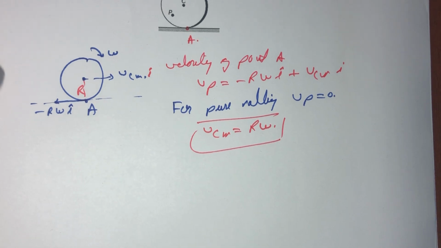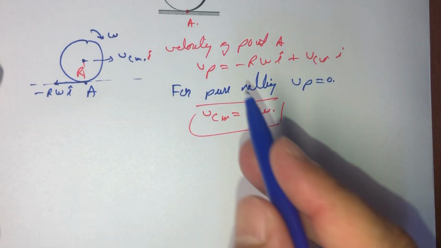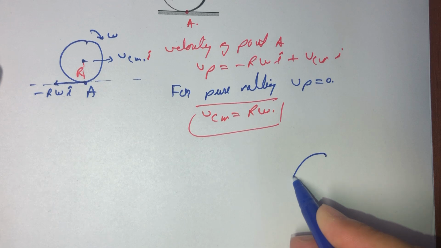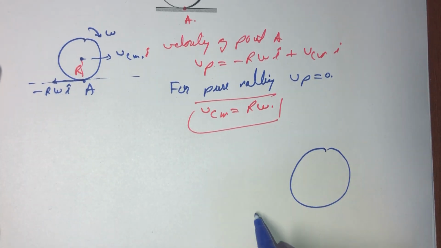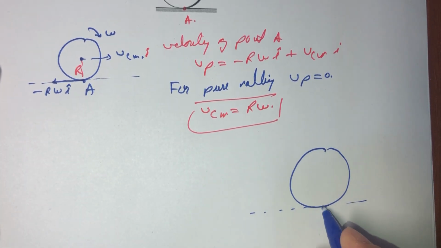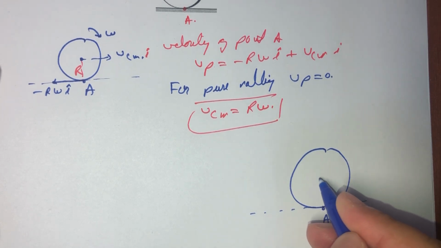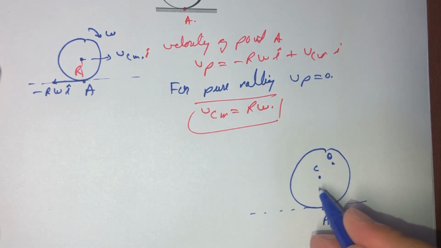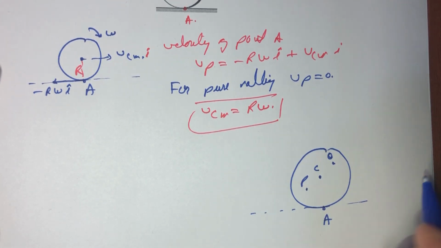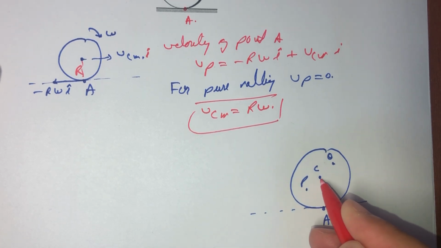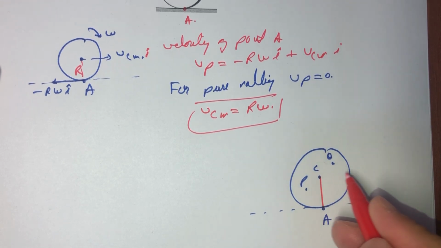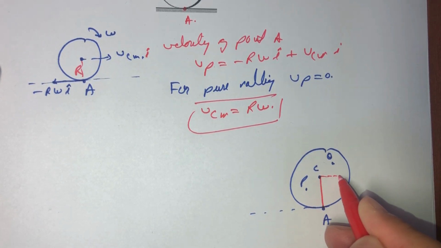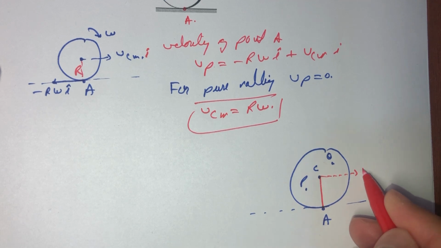Therefore, let me draw the given figure again. So this is our point of contact A. We have C, the center of mass, a point Q, and we have point P. Let us join C and A, and it is going to have a velocity which is given as Vc.